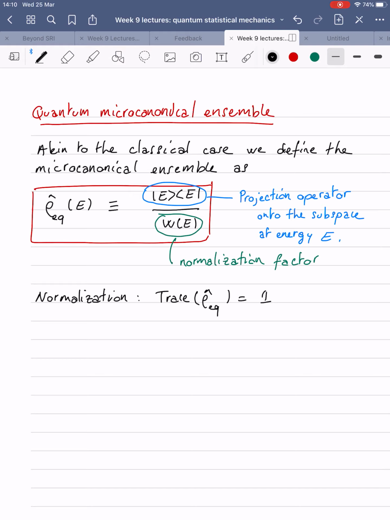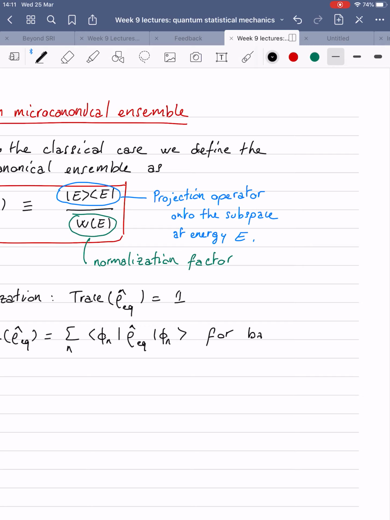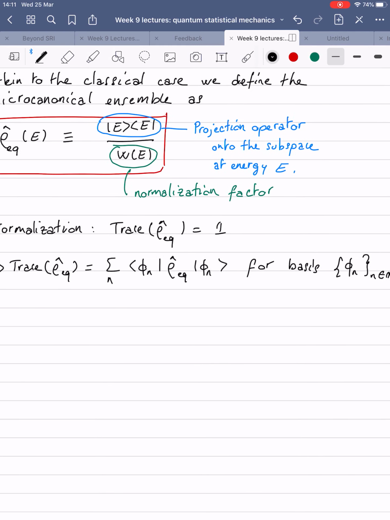What that means is that the trace of rho is equal, by definition, to the sum over n of the bra phi n, rho, ket phi n, for a basis phi n. N usually belongs to the integers, so that's the usual thing for phi n.